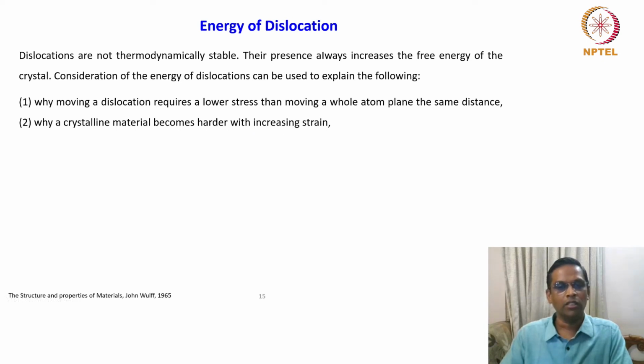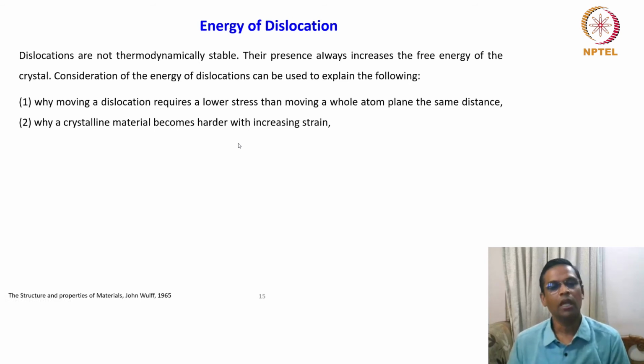Okay, so the first two questions are quite relevant to what we have just seen, right? The theoretical estimation of bond strength is very high. And suppose we say that dislocation is responsible for the lower observed strength, but unless we understand the energy of the dislocation itself, we cannot explain the other concepts.